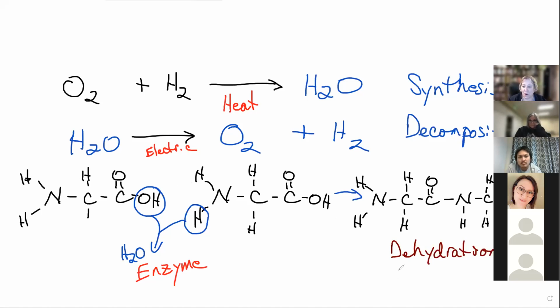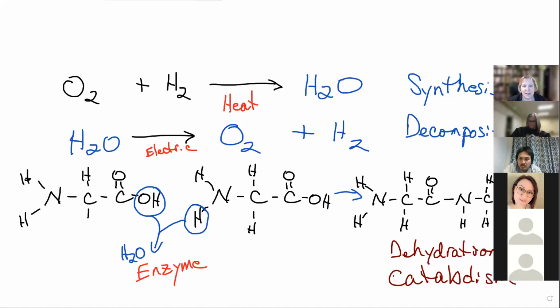And when we get to metabolism, we're going to call this catabolism. Catabolism comes from the same root as catastrophe, and so it's breaking down, or it's anabolism, excuse me.